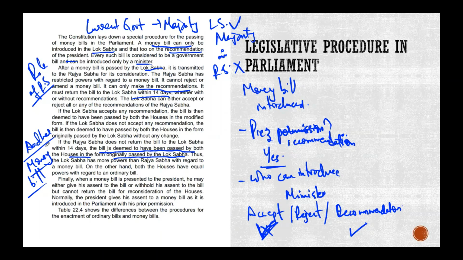So things like that. If that is the case, what happened is the Lok Sabha can pass it. The Rajya Sabha, while you can talk about it, you can criticize it, at the end of the day, it is about 14 days. And that's it. I'm going to get it passed. And then what is the role of the president here?